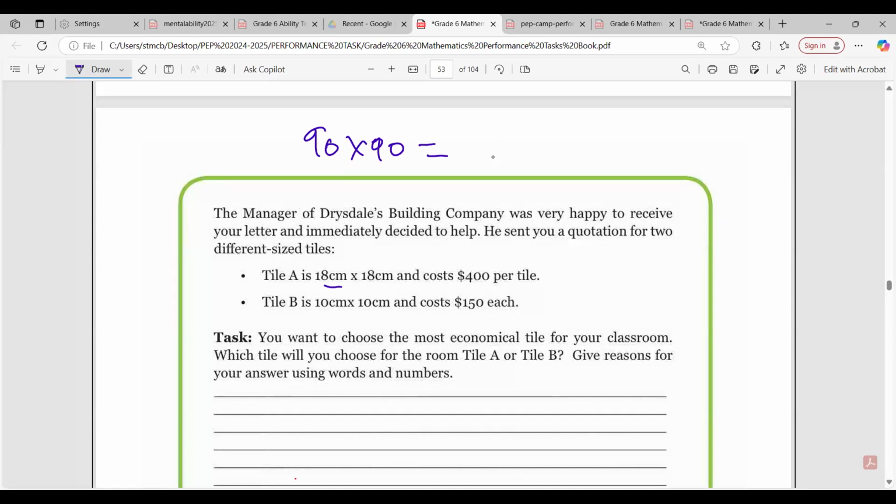And then I did the same thing for 10 divided by 90 and I got 9. So I just multiplied 400 times 5 and the 9 times 150. And tile B was cheaper. Okay. We're gonna explore it. I'm not gonna give my comment yet.